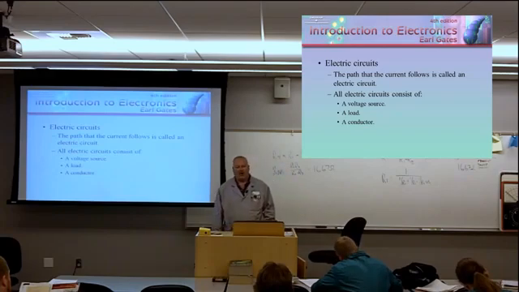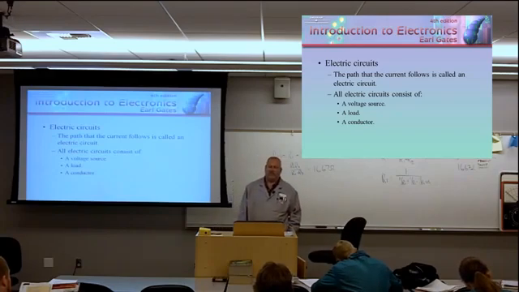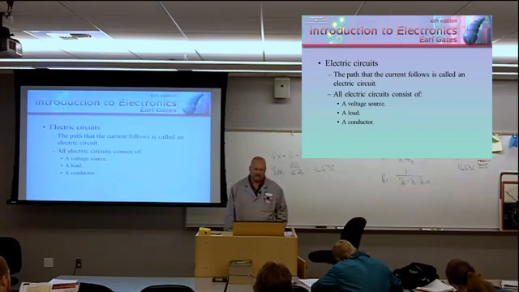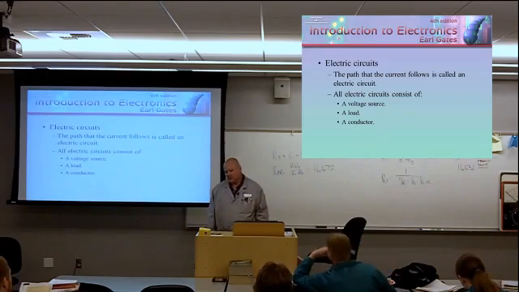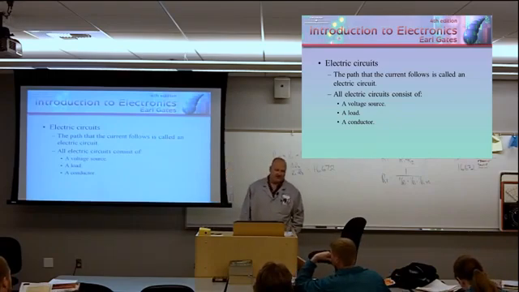The basics are all electric circuits must consist of a voltage source, a load, and a conductor. The voltage source is the source of your electric energy. It could be any of those 6 different types that we talked about last week. The load is what converts one form of energy into another form of energy.